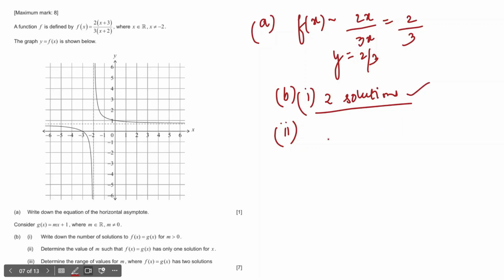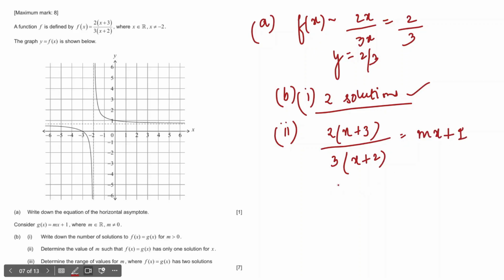Now the second part, we have to determine the value of m such that f(x) equals g(x) has only one solution for x. What we are going to do is algebraically solve this equation. So let's solve 2 multiplied by (x plus 3), which is the f(x), over 3 multiplied by (x plus 2), equals mx plus 1.